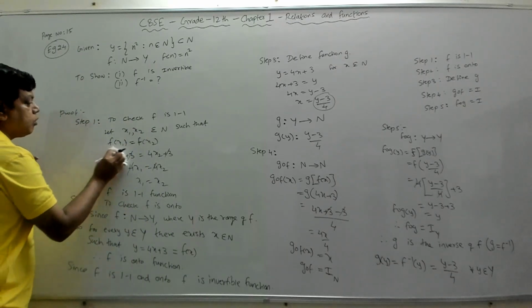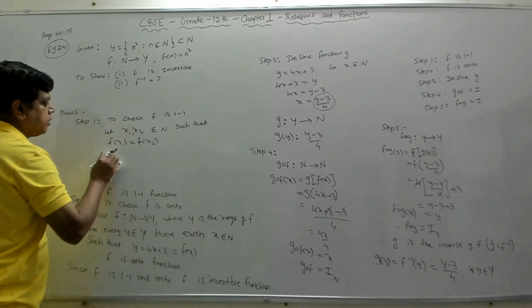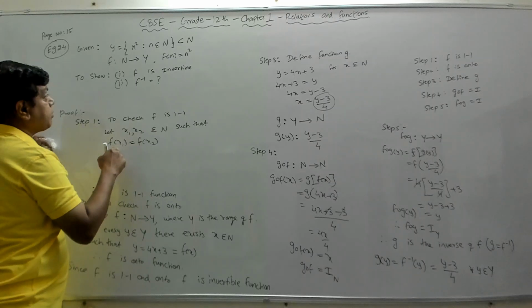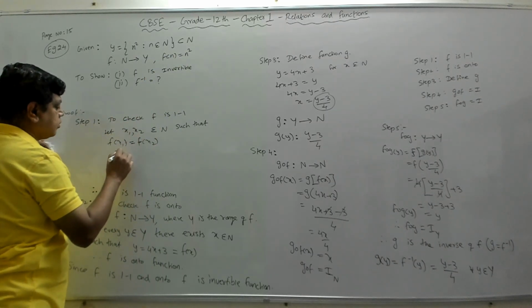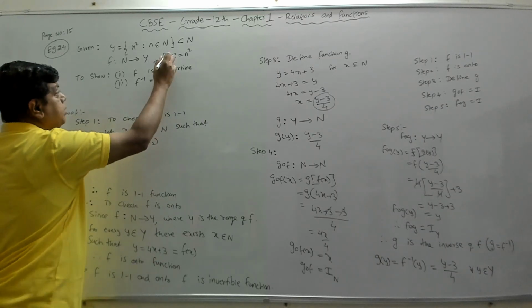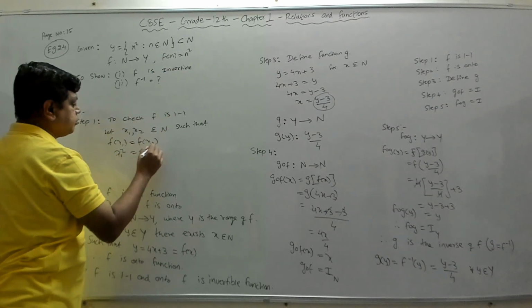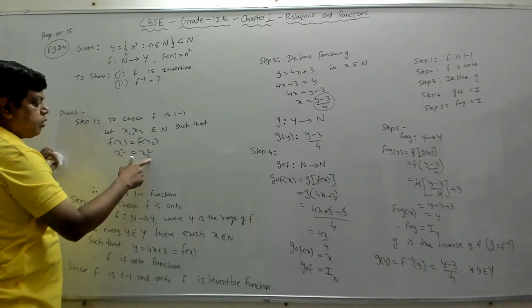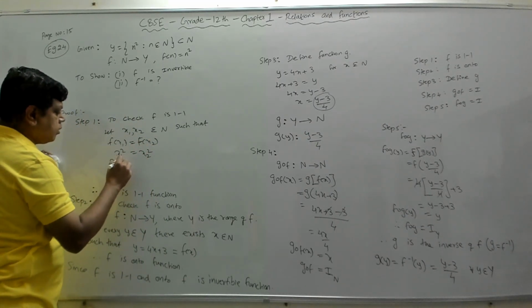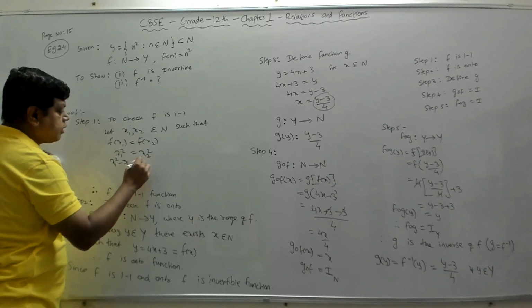Now we should prove x1 equal to x2. What is f of x1? F of n is n square, so f of x1 will be x1 square, equal to f of x2, which is x2 square. Now x1 square equal to x2 square, which means x1 square minus x2 square equal to 0.